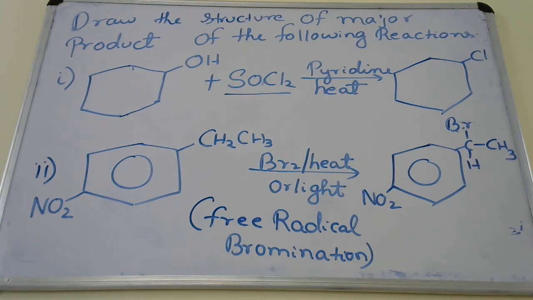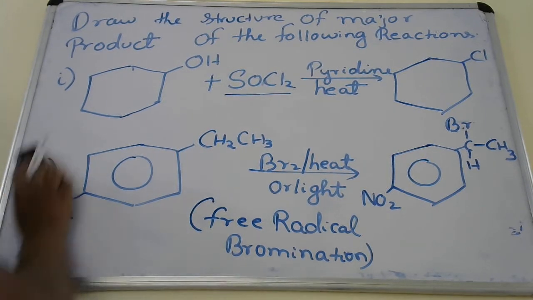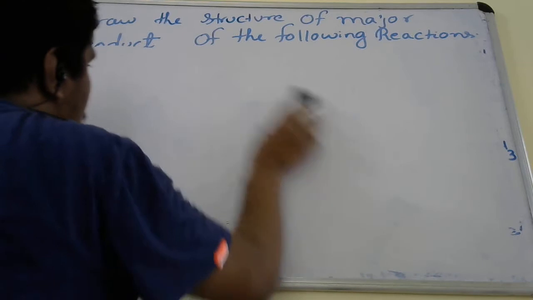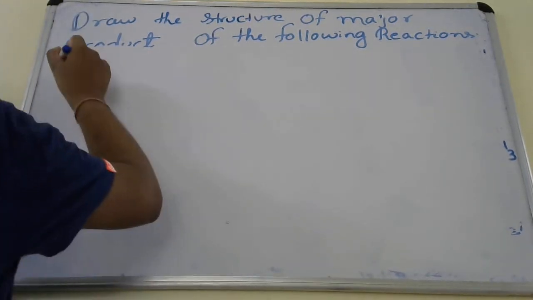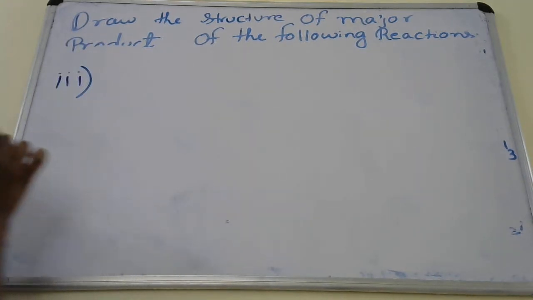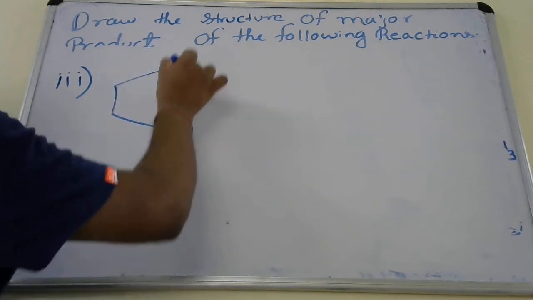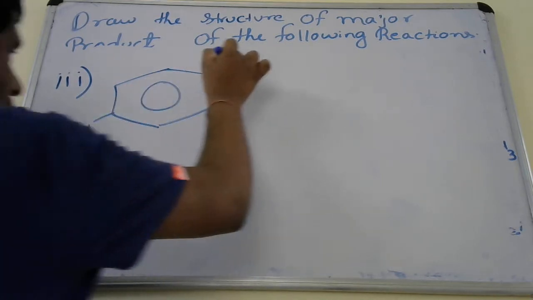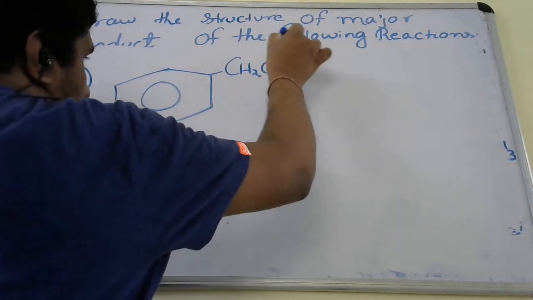Now let us do the next two types of question. Next question is bit 3. Again we take benzene, here OH, here CH2OH.